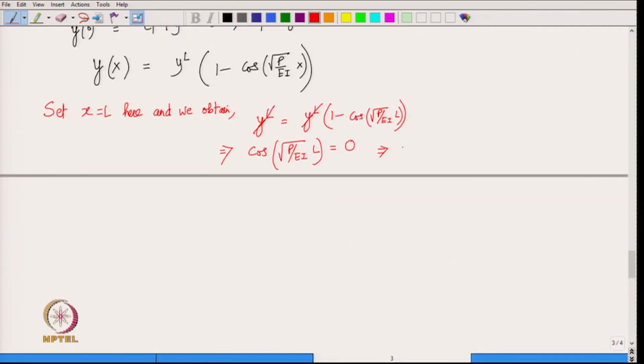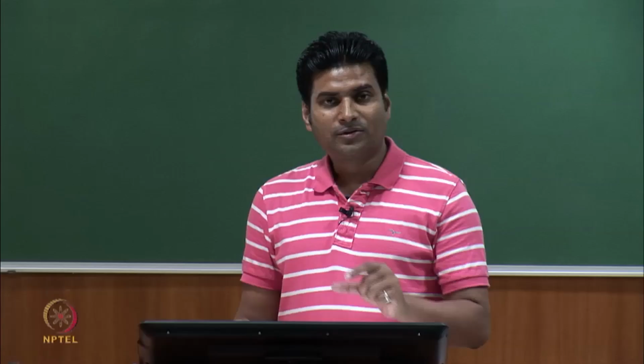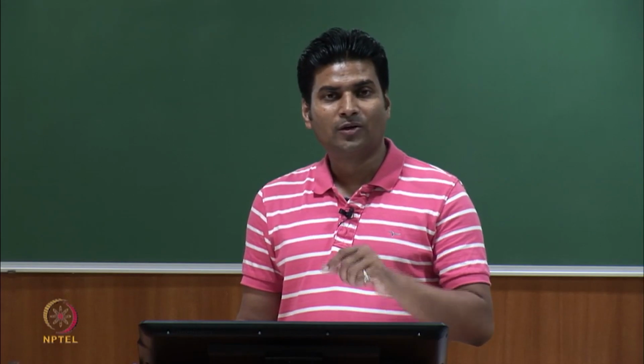So, this implies that the argument of cosine, which is square root of P by E I into L, must be equal to an odd multiple of pi by 2, because cos of something is equal to 0 when you have cos of pi by 2, cos of 3 pi by 2, cos of 5 pi by 2, cos of 7 pi by 2.